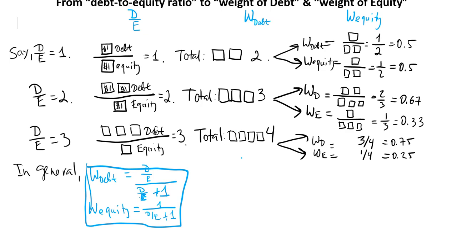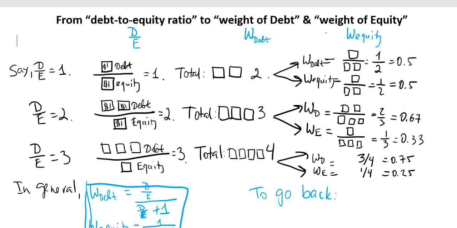Now to go back, it's actually pretty easy. What if instead we know the two weights, but we want to find the implied debt to equity ratio? To go back, the debt to equity ratio is always equal to the weight of debt divided by the weight of equity.